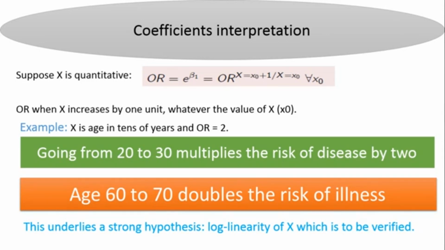So going from 20 to 30 multiplies the risk of disease by 2, or going from age 16 to 17 doubles the risk of illness. This underlies the strong hypothesis of log linearity of each xj, which is to be verified.